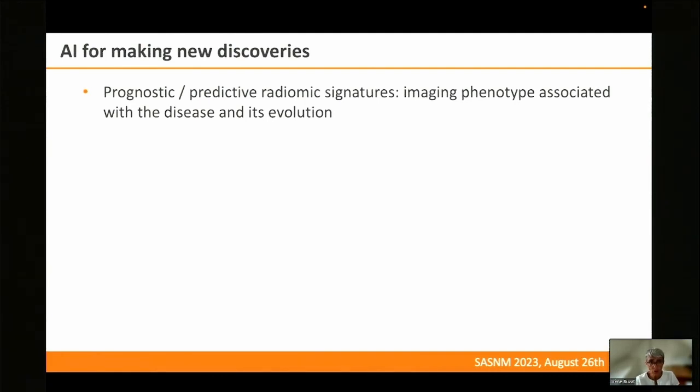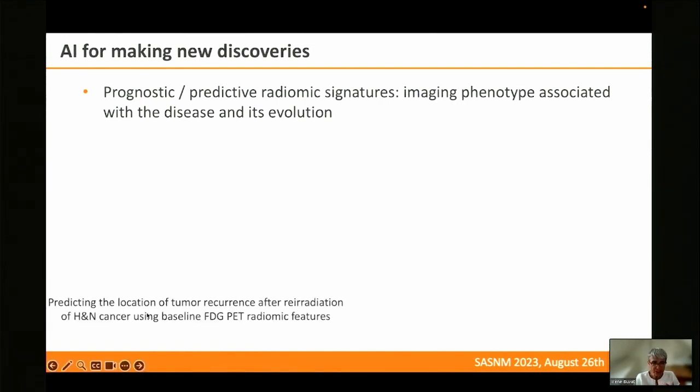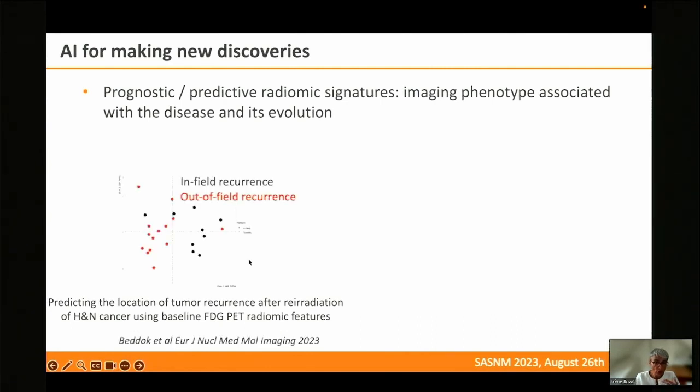So here we want the AI to make a prediction that an expert can actually not make. So for instance, predicting the location of tumor recurrence after re-irradiation of head and neck cancer using baseline FDG PET scan. So also an expert cannot visually do it.